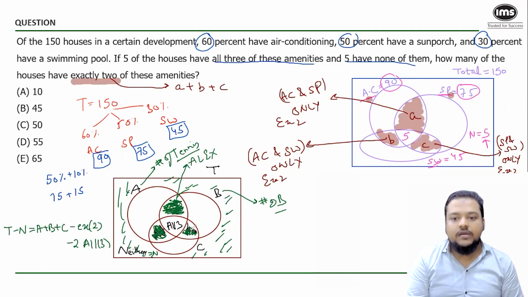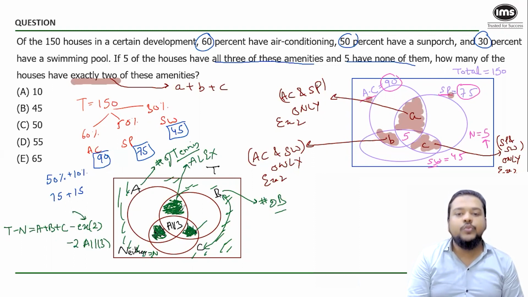For example, think where this portion is getting counted. When you did B plus C, whoever is in this portion was there in the list of B, and then you have again counted it in the list of C. That's why you have counted it twice. Now to rectify that, you have to subtract it once. That's why we always subtract the exactly 2 portion once.